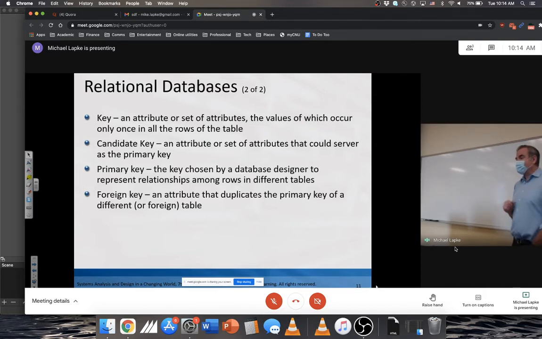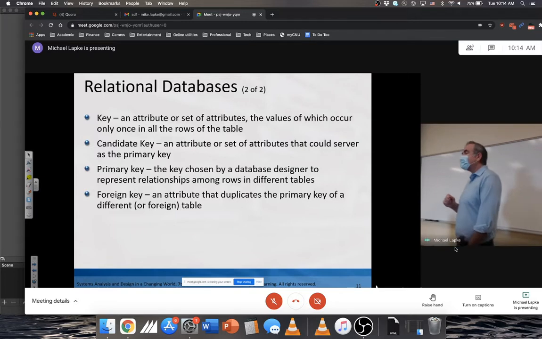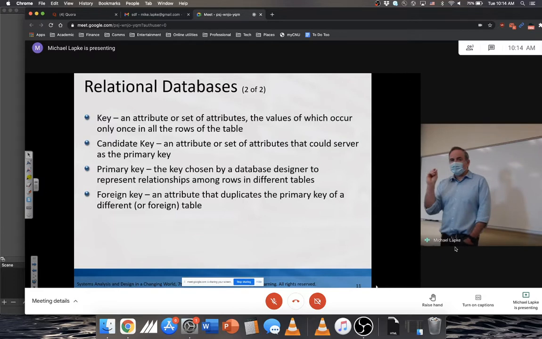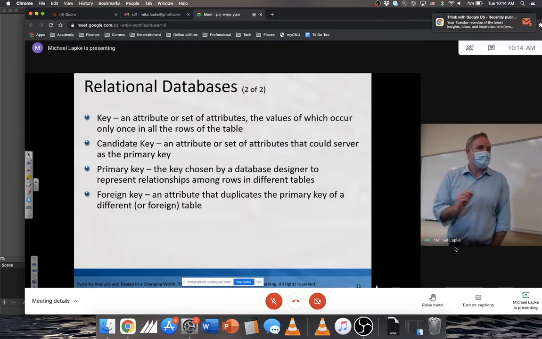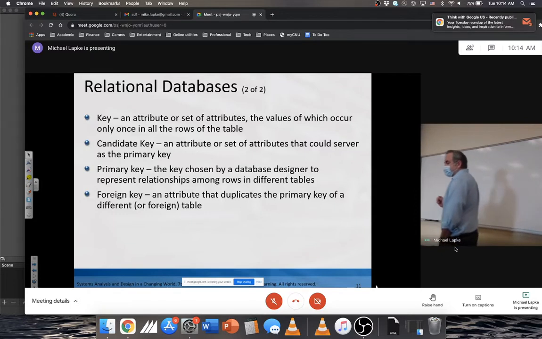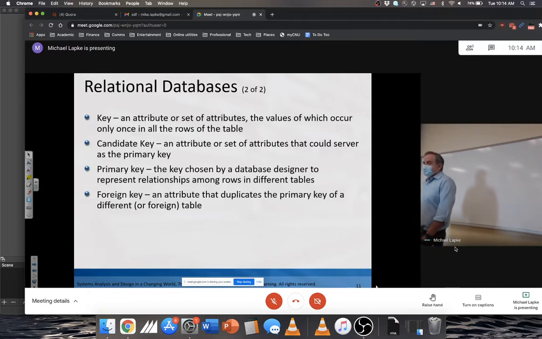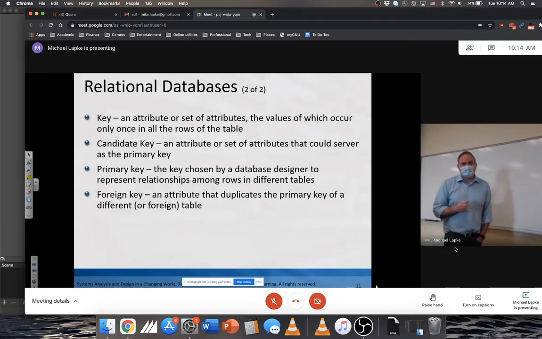Once you pick a candidate key, this is called the primary key. This is the attribute or field that's used to uniquely identify a record in a table. The key chosen by the database designer to represent the relationship among rows in different tables is the foreign key.